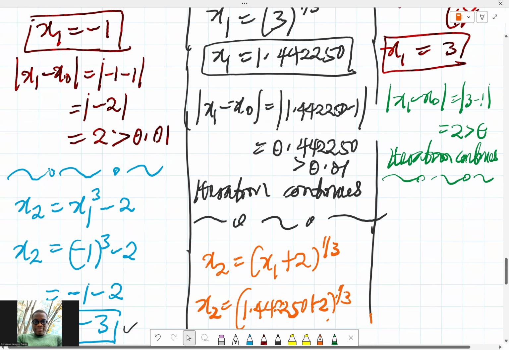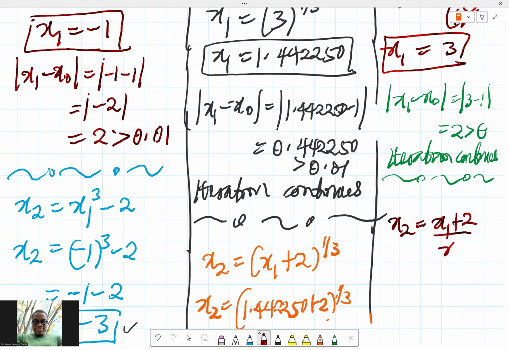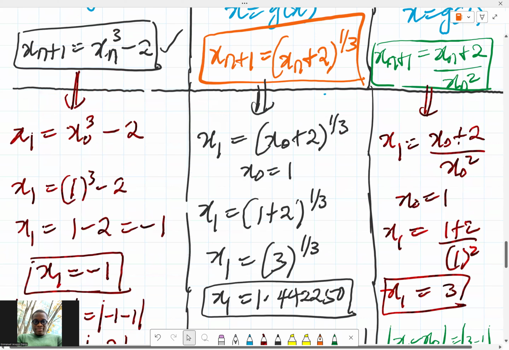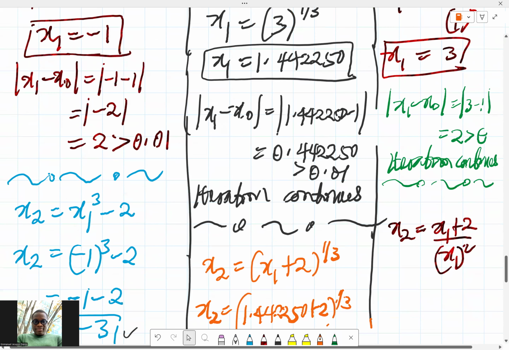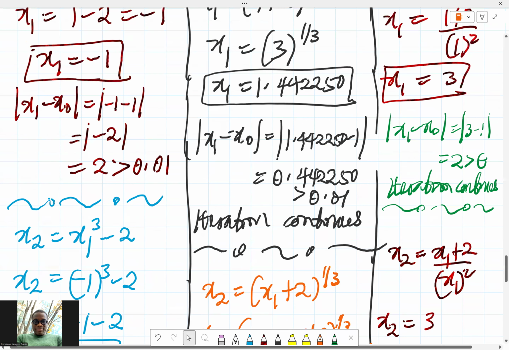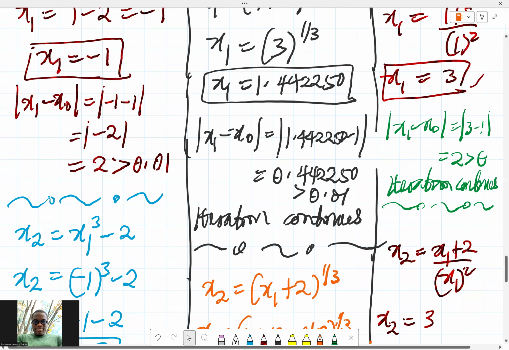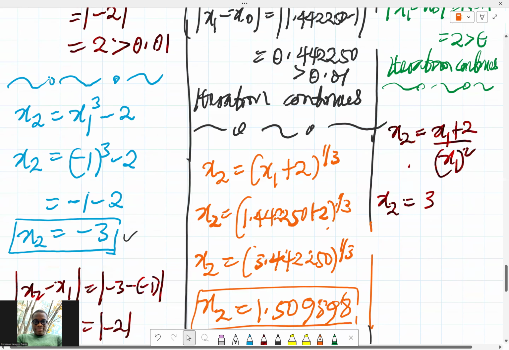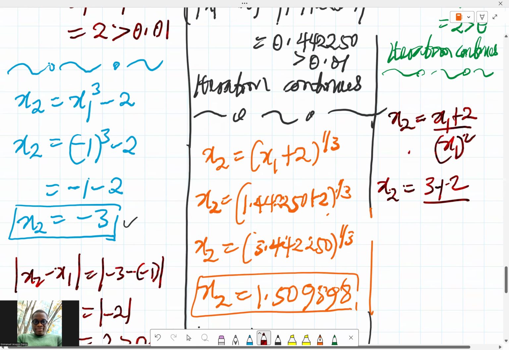So again, we go again and we have x2. x2 now is equal to x1 plus 2 over x1 squared, based on this original expression here. So x1 is 3 from here, plus 2 divided by 3 squared.